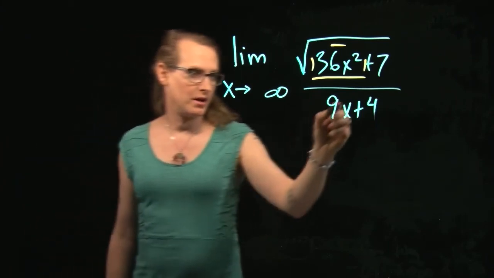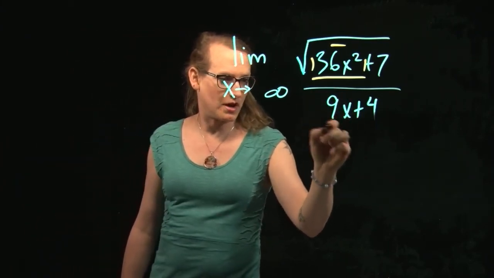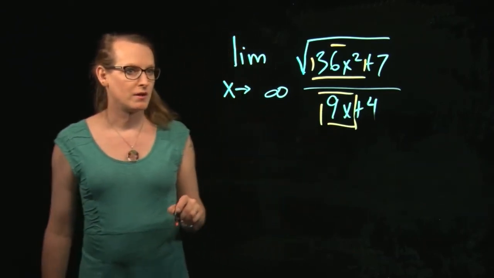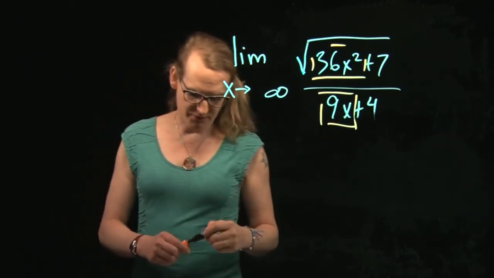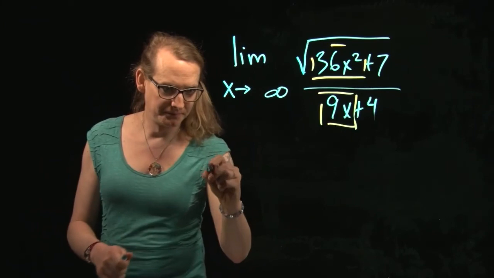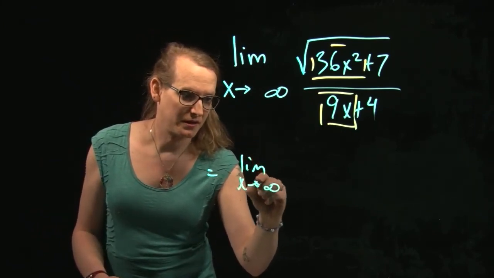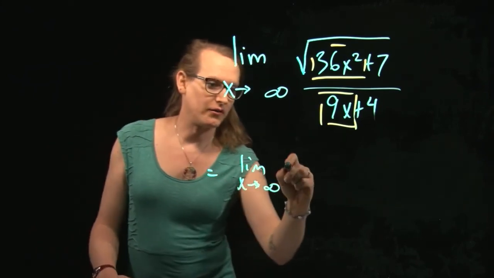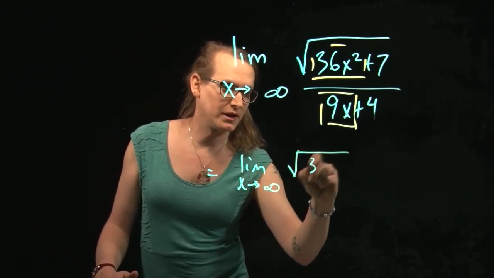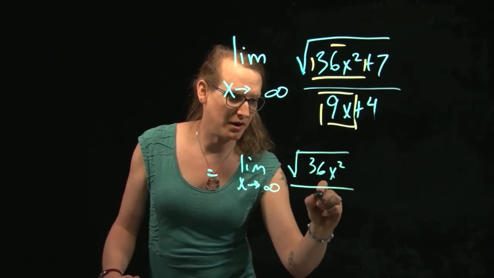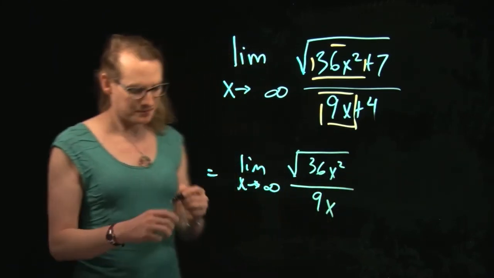Similarly, in the bottom, the x term is going to dominate. The 9x term right there is going to dominate. So I'm going to rewrite that: this is equal to the limit as x approaches infinity of the square root of 36x squared divided by 9x.